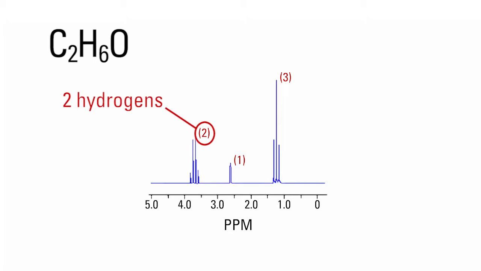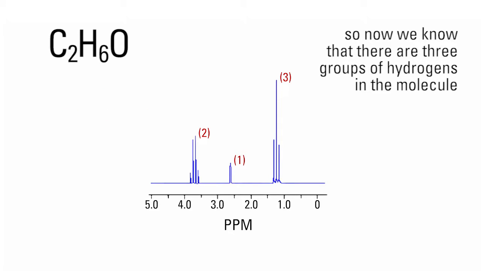The group of signals around 3.7 ppm has an integration of 2, which corresponds to 2 hydrogens. So now we know that there are 3 groups of hydrogens in the molecule. One group has 3 equivalent hydrogens, one group has 2 equivalent hydrogens, and there is 1 single hydrogen as well.